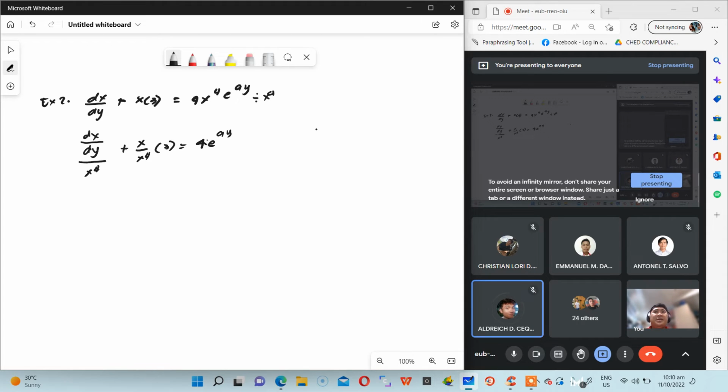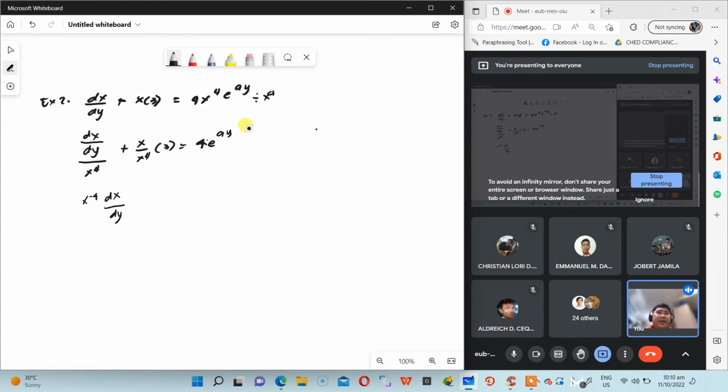Reciprocal. Okay, a good answer from Aldrich, we take the reciprocal first, then we simplify. So, you know this one will end up with x raised to the power of negative 4, as 1 over that. So, dx over dy.